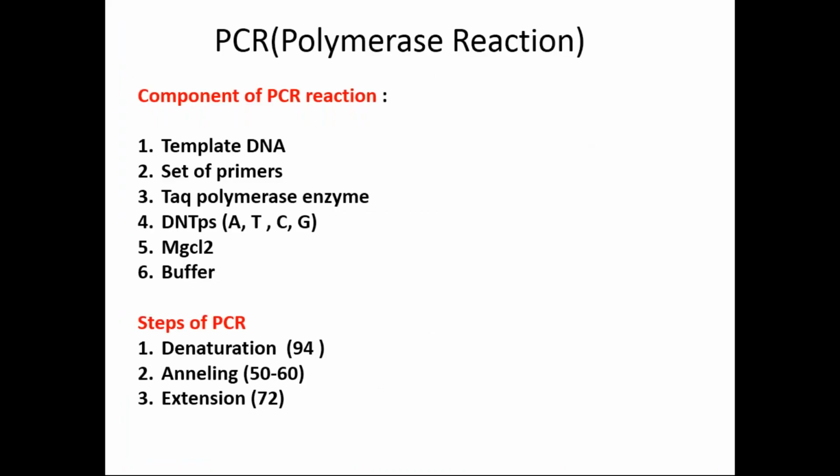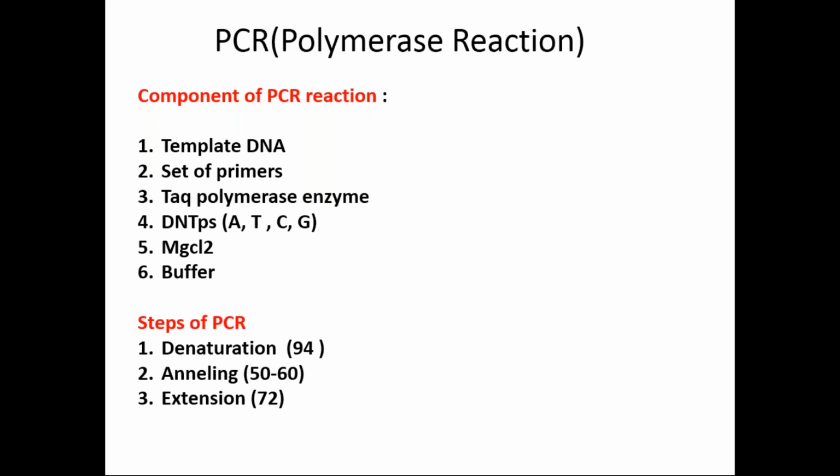Now, what are the components of the PCR reaction? We require the template DNA, meaning the genomic DNA we isolated from the biological material as well as the suspected one. Then we require one set of primers, forward primer and reverse primer, Taq DNA polymerase enzyme, and then dNTPs, MgCl2 and buffer.